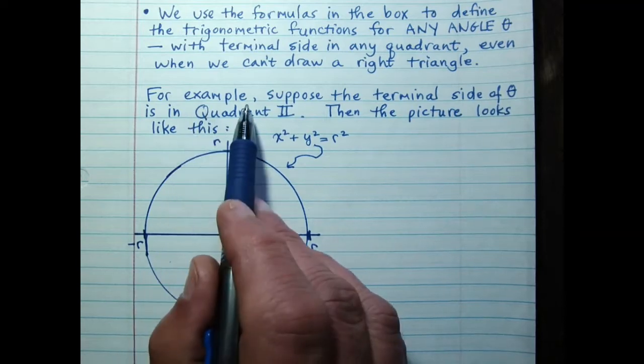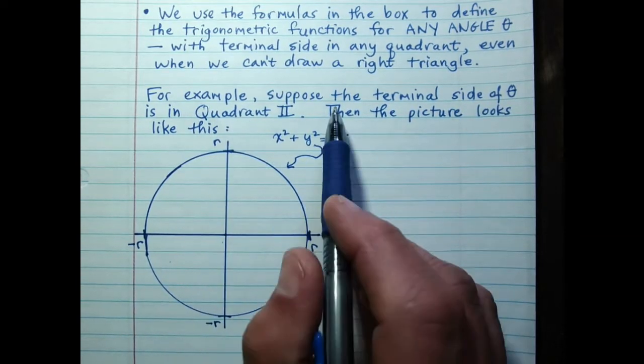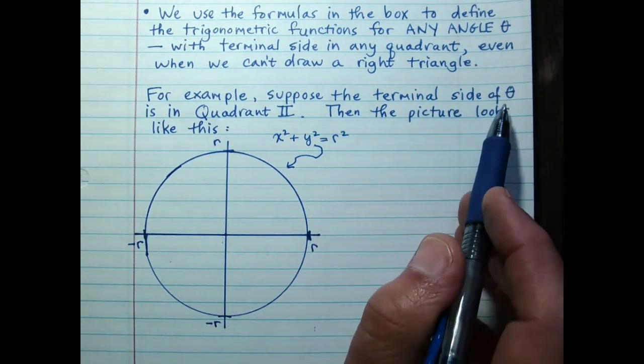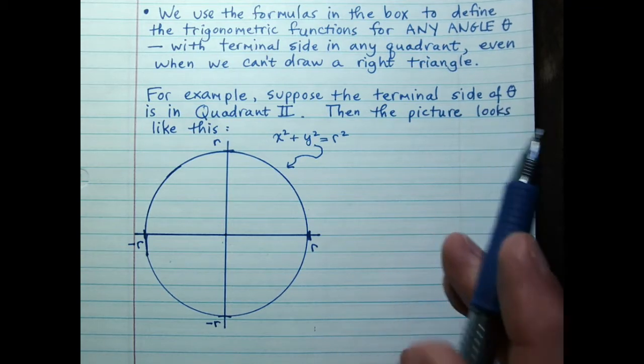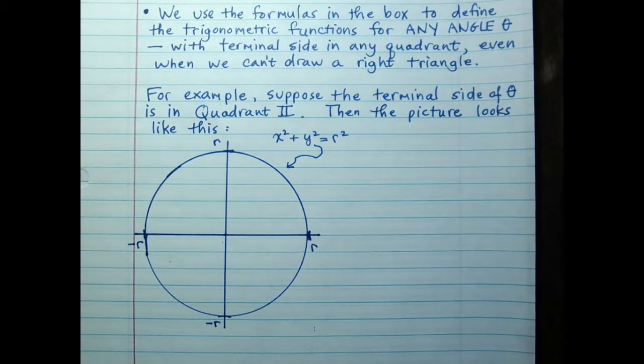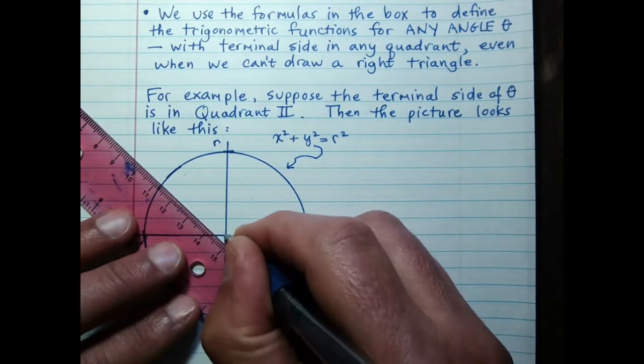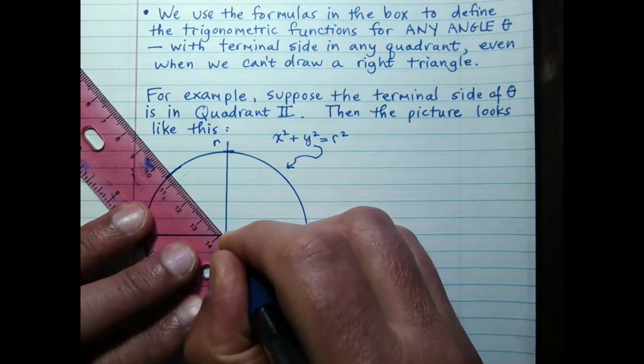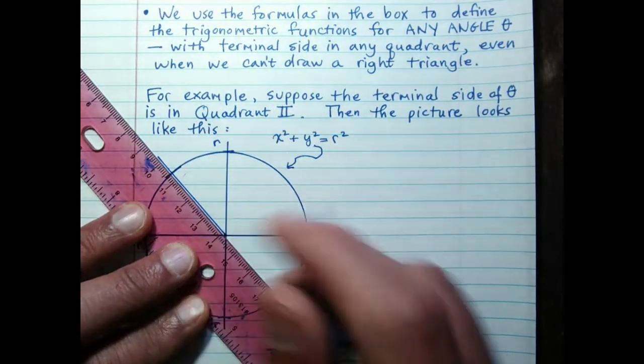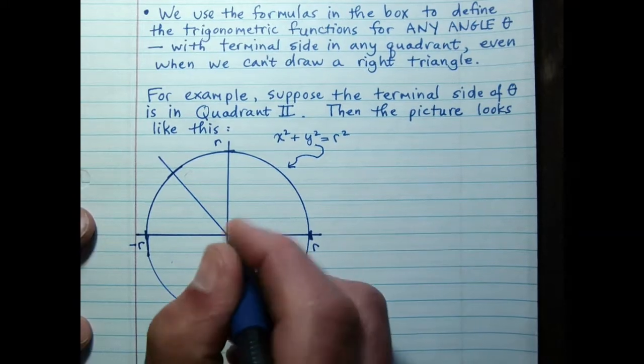So for example, right here, let's just suppose the terminal side of theta is in quadrant 2, and let's take a look at what the picture would look like. So I'm just going to pick a terminal side there.